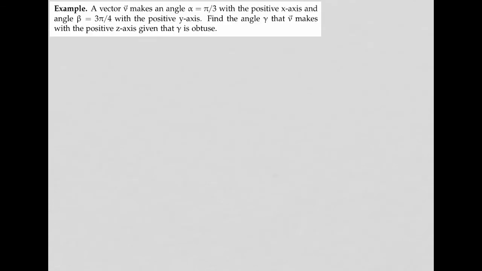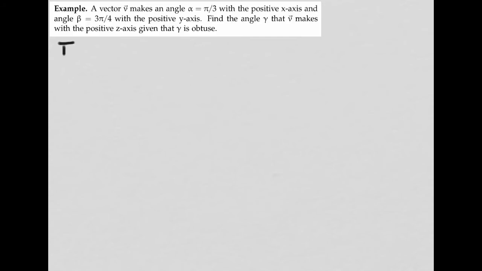Another example with direction angles. A vector v makes an angle alpha equals pi over 3 with the positive x-axis, and an angle beta equals 3 pi over 4 with the positive y-axis. Find the angle gamma that v makes with the positive z-axis, given that gamma is obtuse. To solve this problem, we're going to capitalize on an equation that relates the cosines of the three direction angles alpha, beta, and gamma.